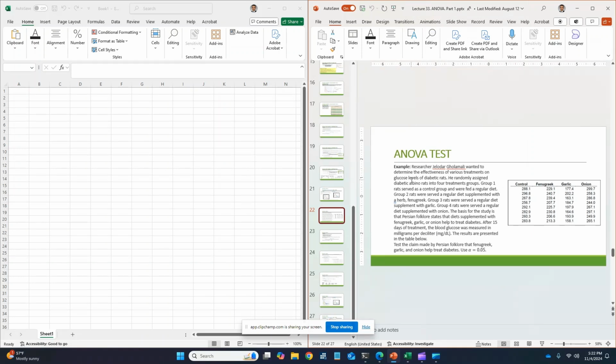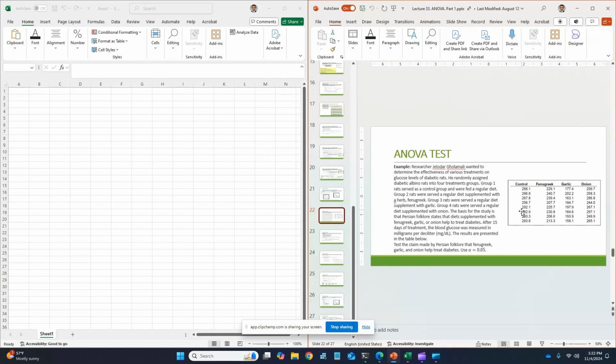This is in your slide number 22, where a researcher wanted to determine the effectiveness of various treatments on glucose level of diabetic rats. And there are four groups of rats.